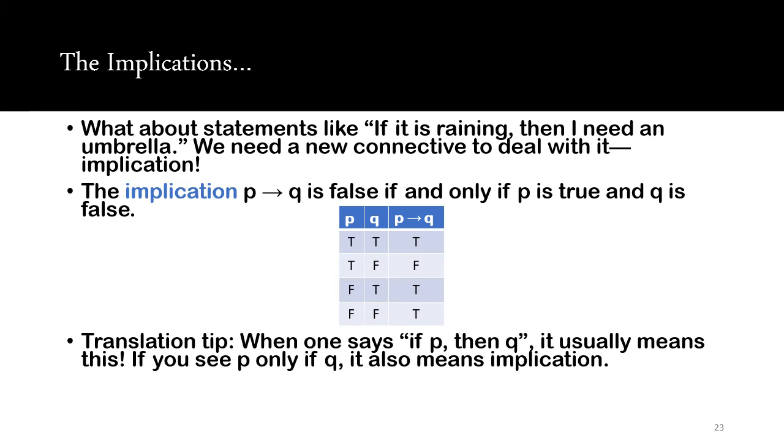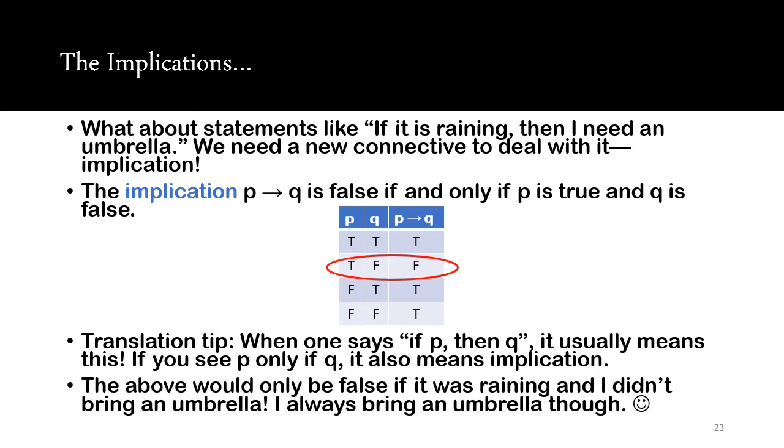Well, today's your lucky day. That's actually something huge. But anyway, the above would only be false if it was raining and I didn't bring an umbrella. But I always bring an umbrella, so you don't have to worry about it.